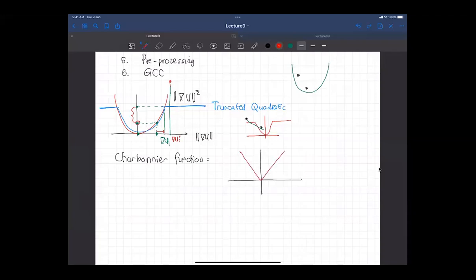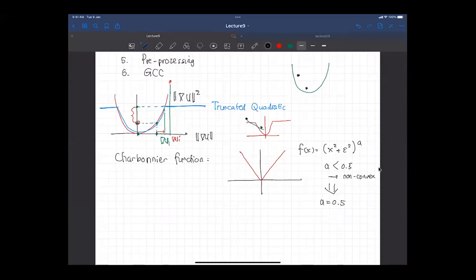The expression is f of x equals x squared, which is quadratic, plus epsilon squared, to the power of a. When a is more than 0.5, it becomes non-convex. So normally what we do is a equal to 0.5. That's what people normally do for optical flow.